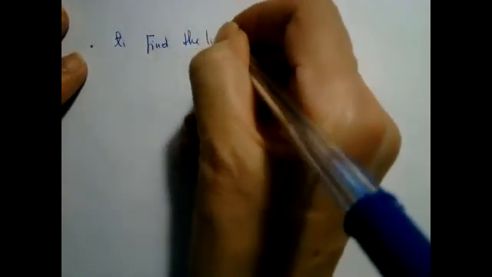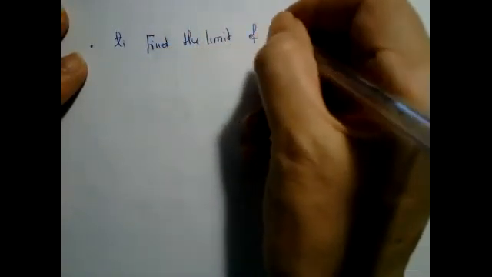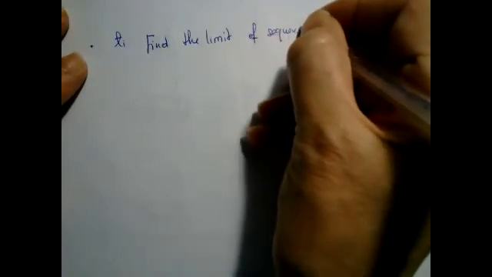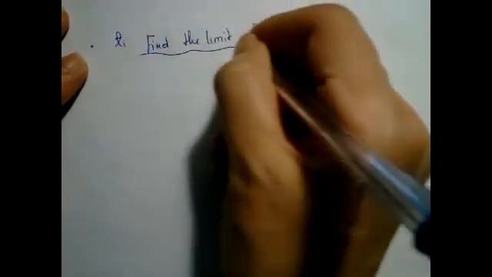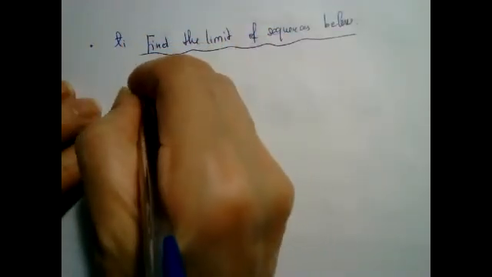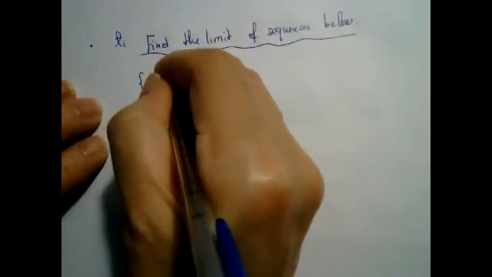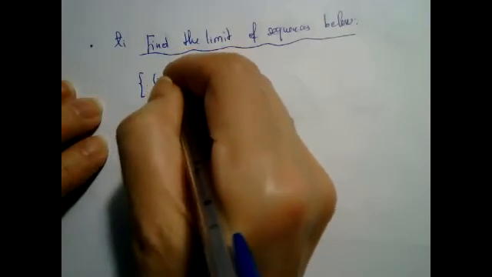The first one, I touched upon this yesterday, but we're going to do it again today. Find the limit of the following sequences if it exists. The first sequence is minus 1 to the n over n.